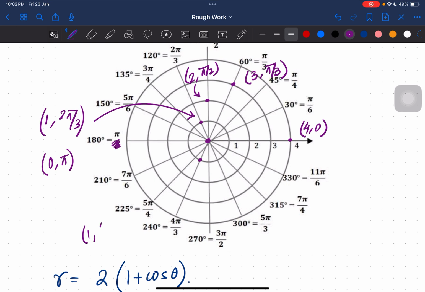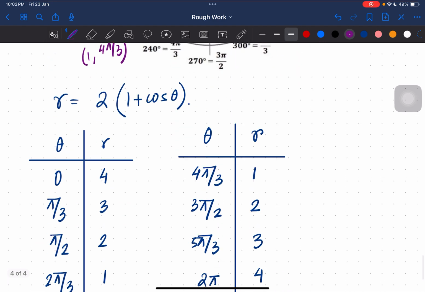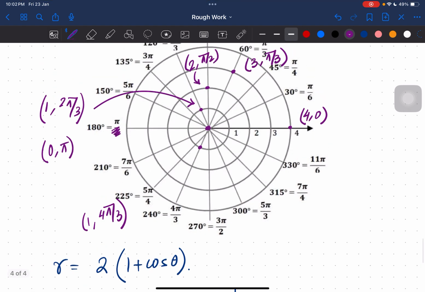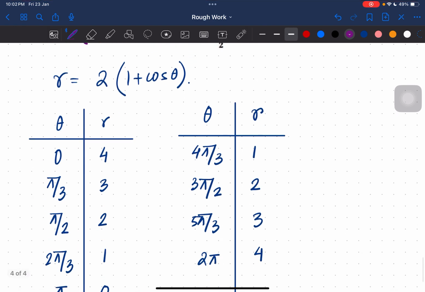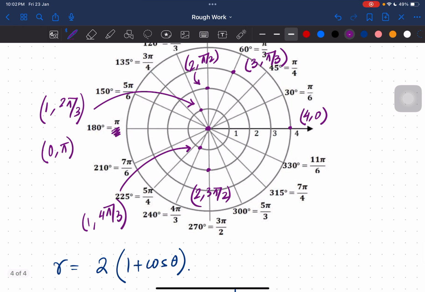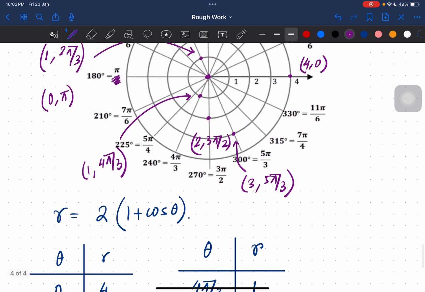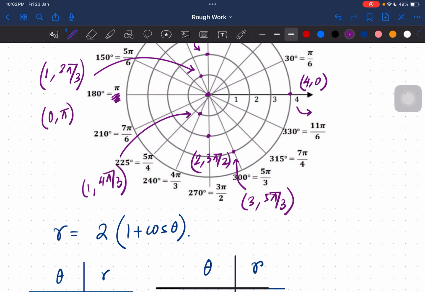And then we have 2 comma 3 pi by 2, which is here. And then you have 3 comma 5 pi by 3, which will be here. And then finally 2 pi, it's again 4, so this will come back here.